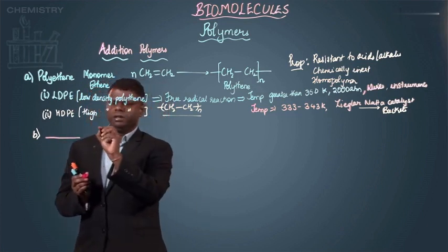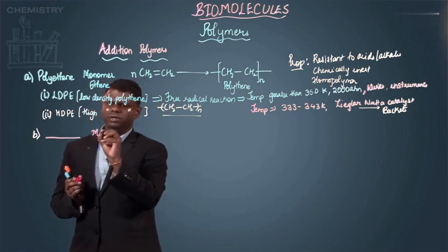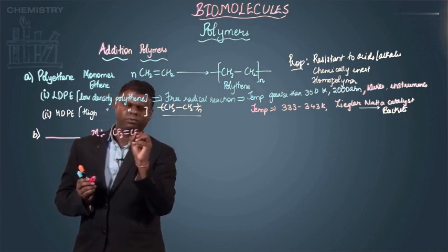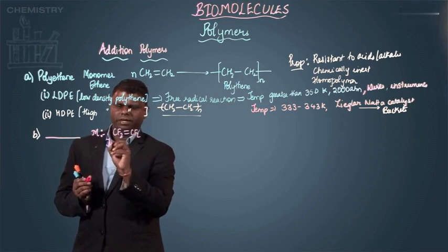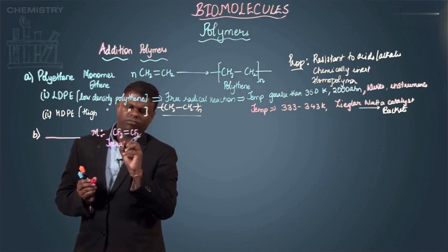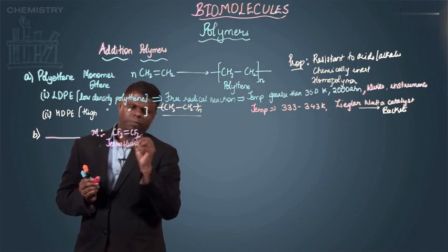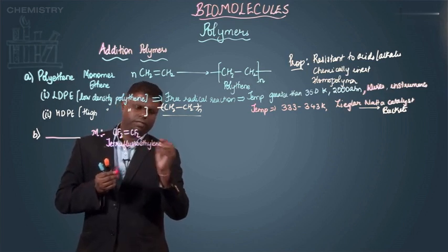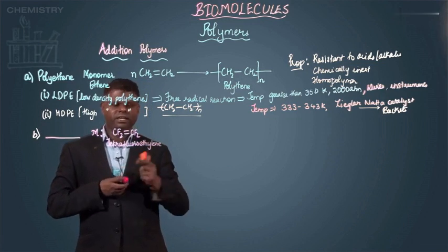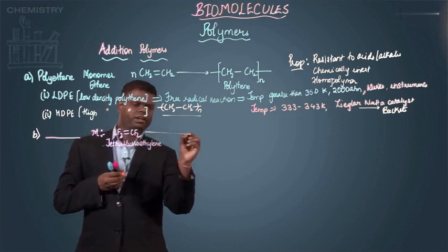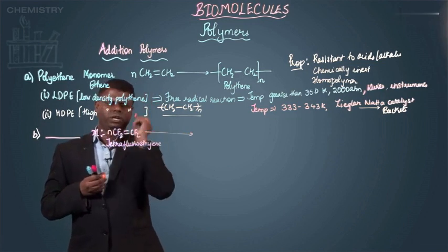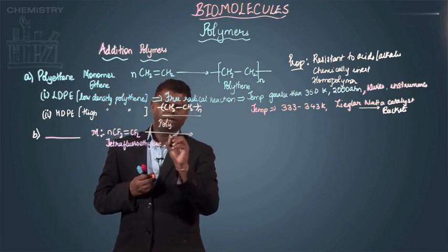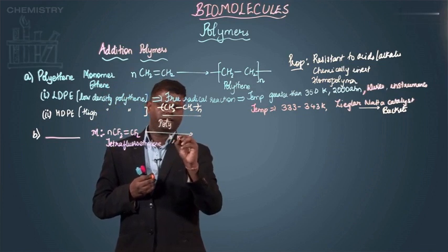The monomer is going to be CF2 double bond CF2. This is nothing but tetrafluoroethylene. Then n such molecules undergo polymerization, and this is carried out in an inert atmosphere.